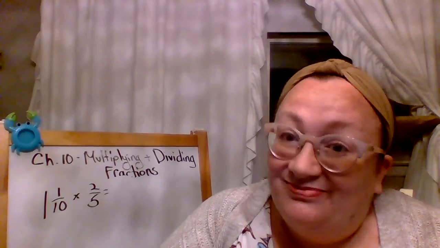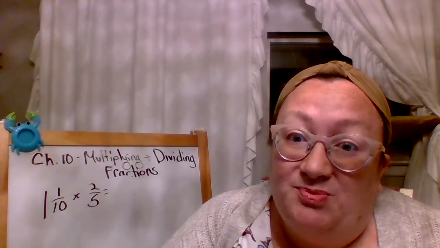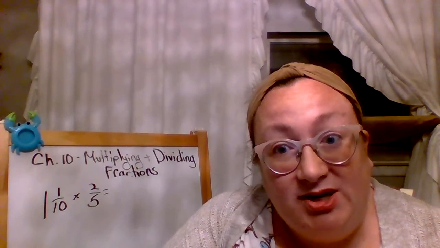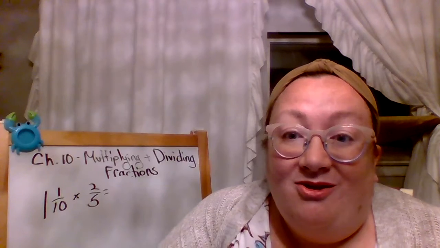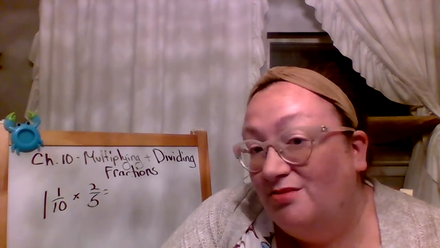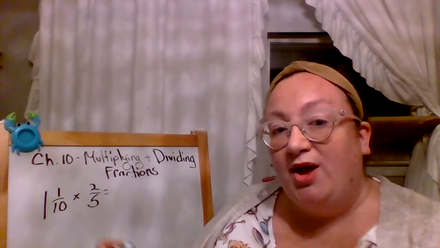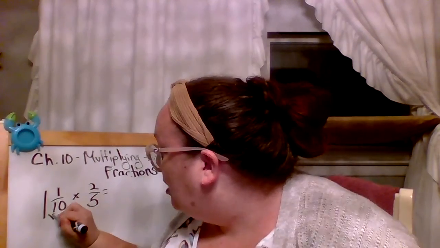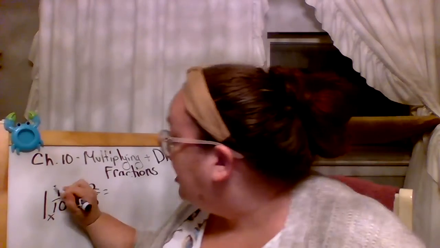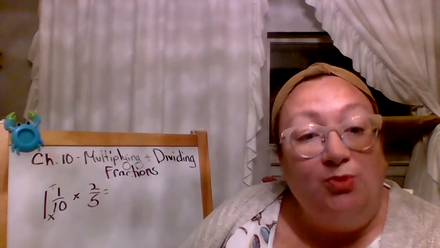All right, this is our last example for multiplying. You may have noticed there is a pesky mixed number here. Now, when we have a mixed number, we have to convert it to an improper fraction and then multiply across. So the way we do that is we multiply the denominator by the whole number, and then we add that answer to the numerator.